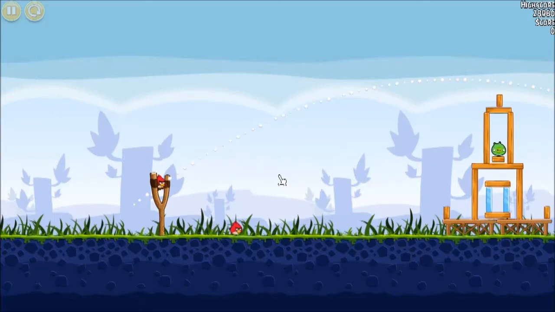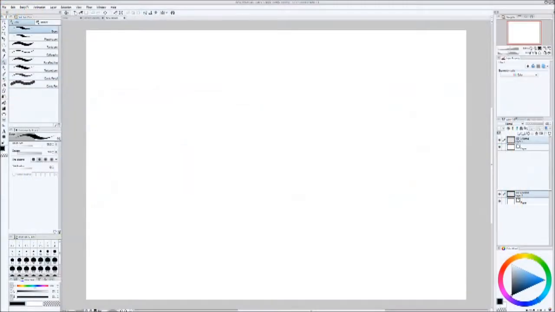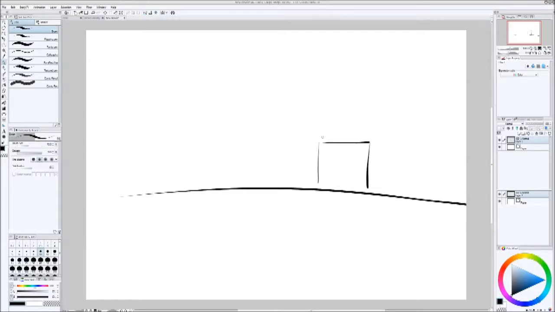So let's begin with the basics. If we go over here and we start to draw out the scenario, we've got that, and we've got sort of whatever's being built.